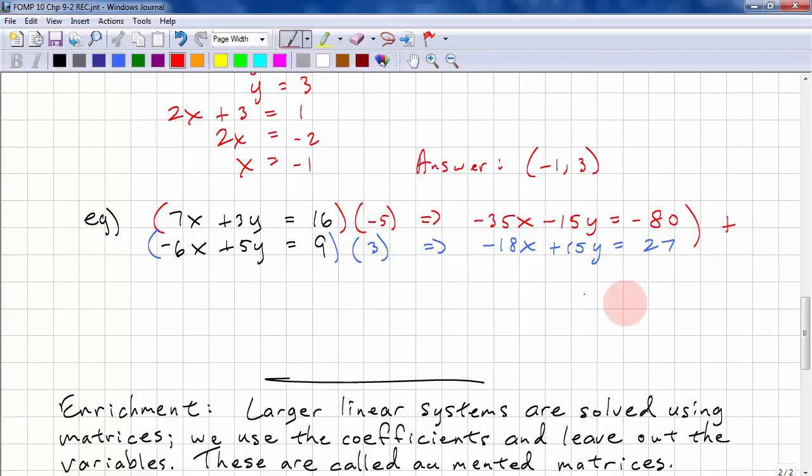Add the two together. Negative 35 plus negative 18 gives us negative 53x. These two are eliminated. Negative 80 plus 27 is negative 53. Divide both sides by negative 53, and x is equal to 1.